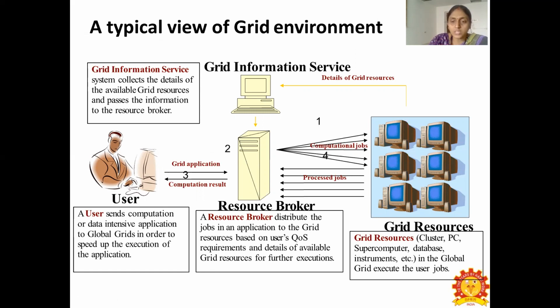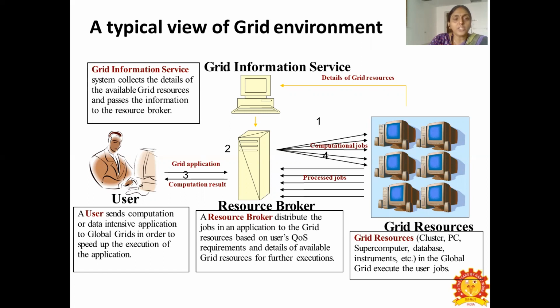So grid resources can be clusters, personal computers, supercomputers, databases, instruments, sensors, etc. which are available from the global grid and thus execute the user jobs. The information about the grid resources is stored in the form of metadata in the grid information service.